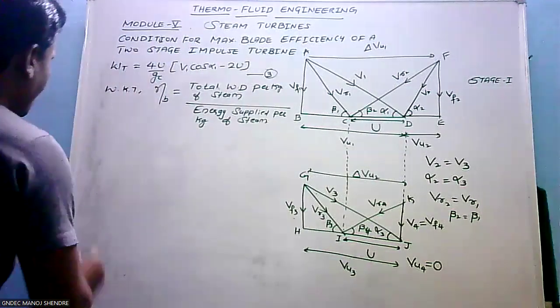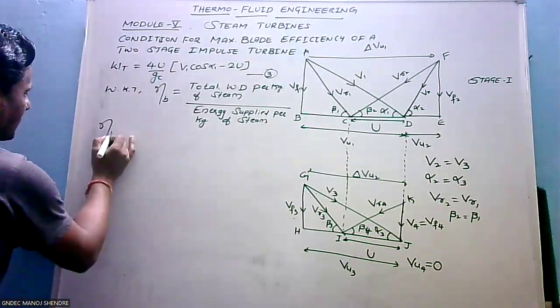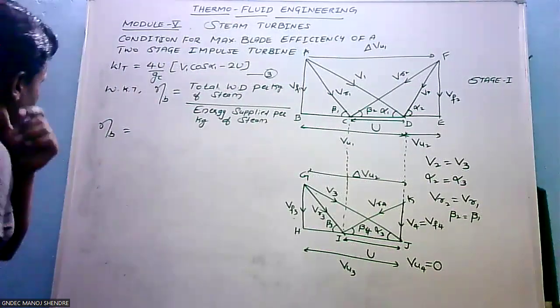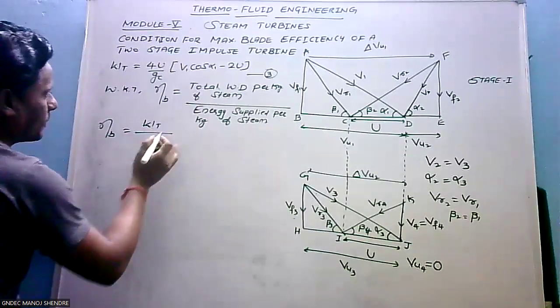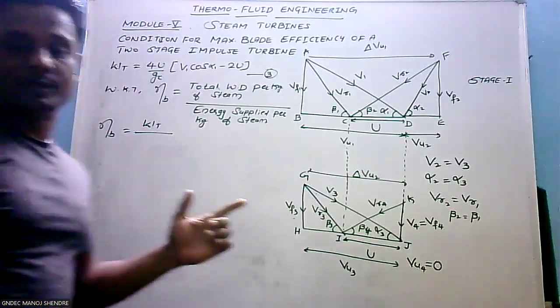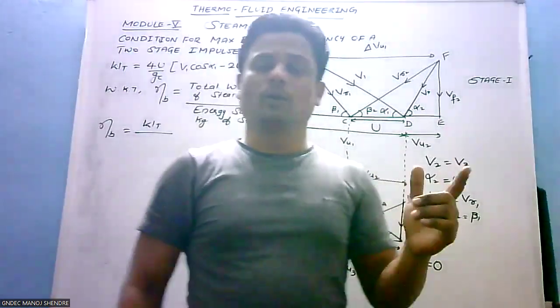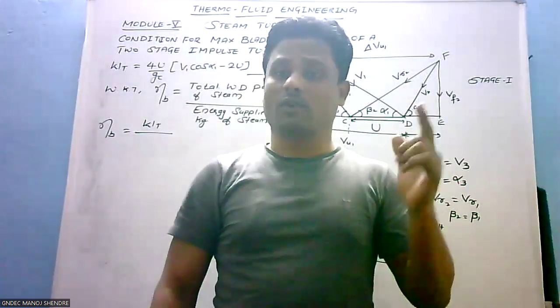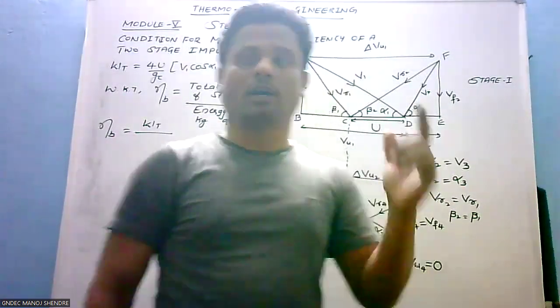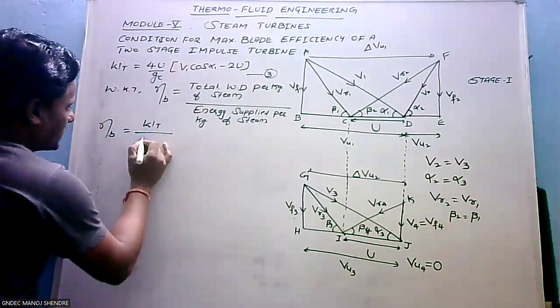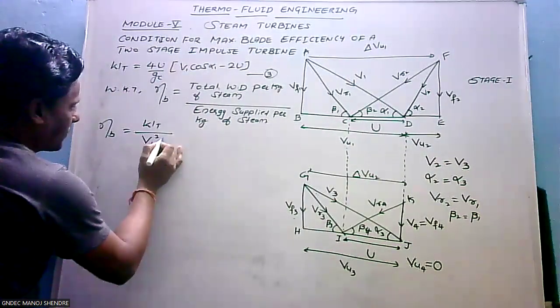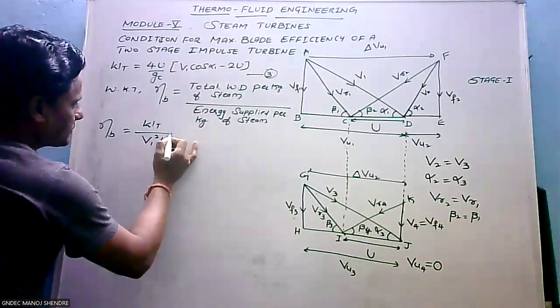So blade efficiency is given by the total work done WT divided by the energy supplied. The energy supplied is purely in the form of kinetic energy, the high velocity steam jet, written as V1 square by 2GC.